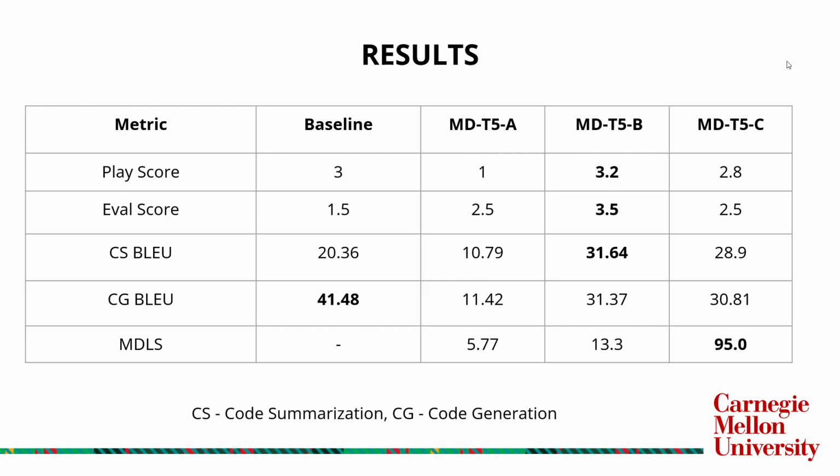Similarly, our model greatly outperformed the baseline on code summarization, and we believe this is because the baseline was trained on multiple programming languages and negative knowledge transfer may have happened because of this.